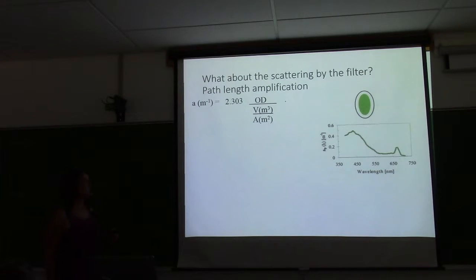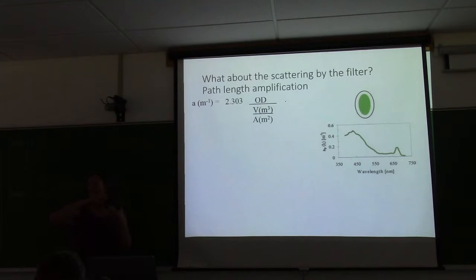Scattering. So if you imagine you've got this filter with all of these different particles and you shine a beam of light on it, if you've ever looked at what happens when you shine a beam of light on it, you get scattering in all directions. But you're also getting scattering within the filter, which is increasing the opportunity for absorption by the particles, because the light doesn't just go through once and come out.